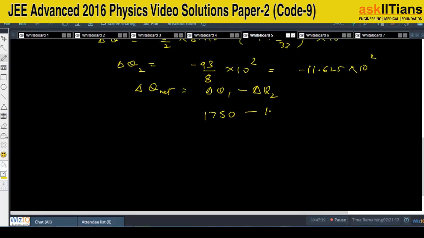So that is 1162, and finally we got around 588.20 approximately. In round figure we got 588 joule. So this is the final answer for this question. This question is quite easy also, in which we use the isochoric and isobaric processes, where the concept of heat supplied is used.